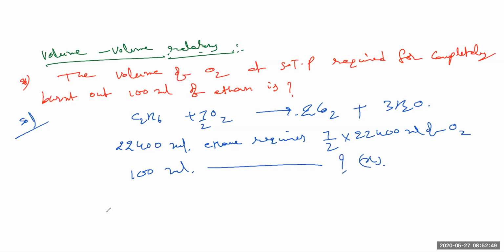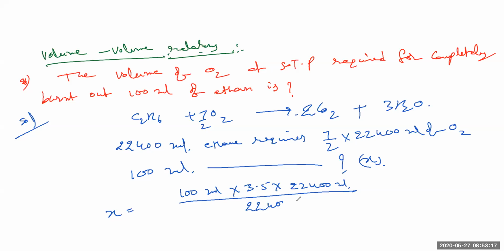Take x is equal to, by cross multiplication, 100 ml into 7 by 2, that is 3.5, into 22,400 ml of oxygen divided by 22,400 ml.